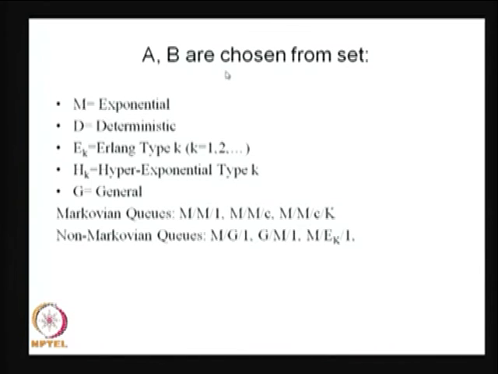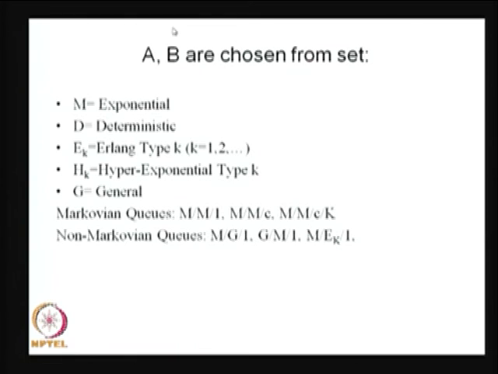The first two: A is for the distribution of inter-arrival time, B is for the distribution of service time, and both can be chosen from these letters. If you write M in the first place, that means the inter-arrival time is exponentially distributed.